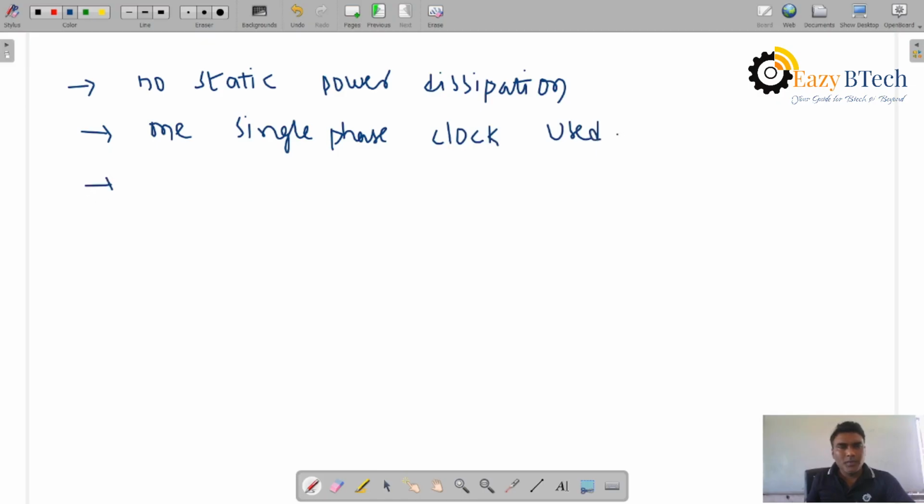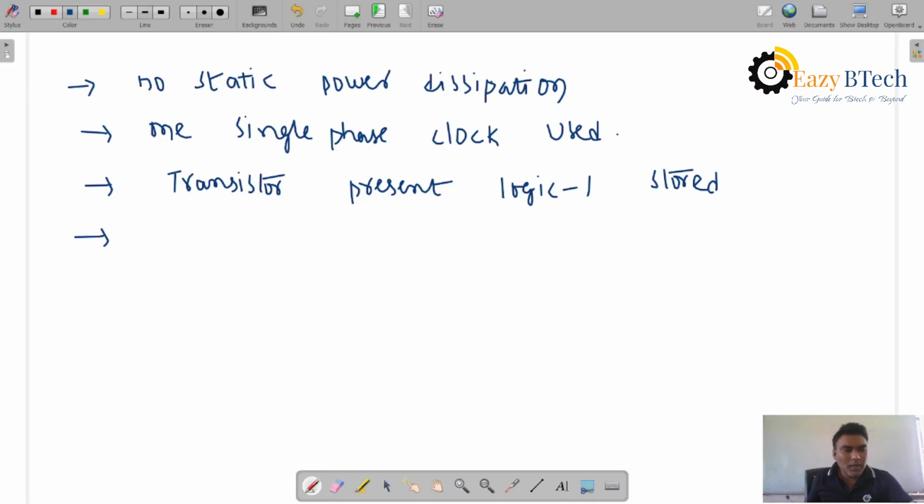When the transistor is present, it is a PMOS transistor, and logic 1 is stored.